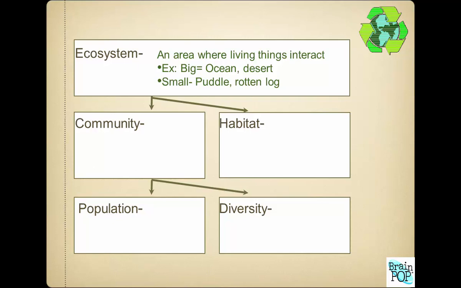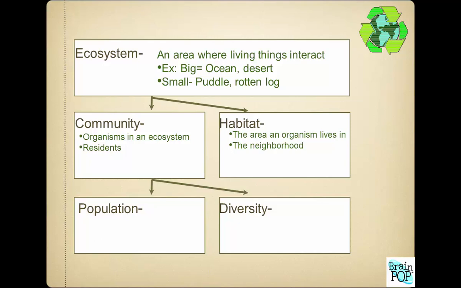We can further break that up into things we call community and habitat. Community is just the living parts out there. So the living things out there would be the community. It's kind of like if you think about a neighborhood. The people that live in your neighborhood, they're the community. Versus habitat is kind of the area where things live. If you're thinking about your neighborhood, it's like the buildings and the roads around you.